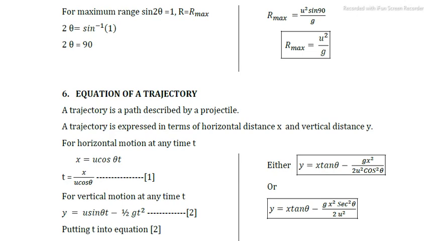That's why we shall have u squared times 1 over g, which gives us the maximum range as u squared over g.